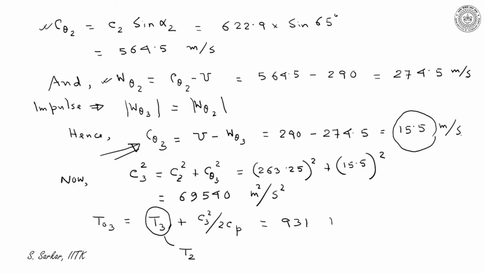Now C3 squared I have just calculated, which is 69540, divided by twice Cp.